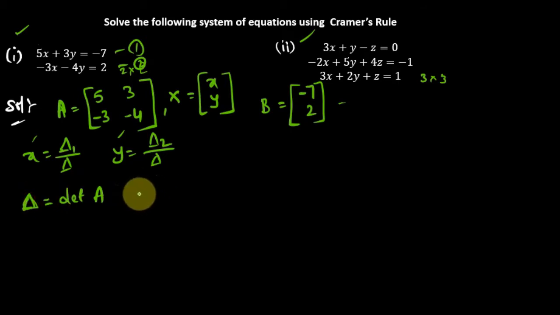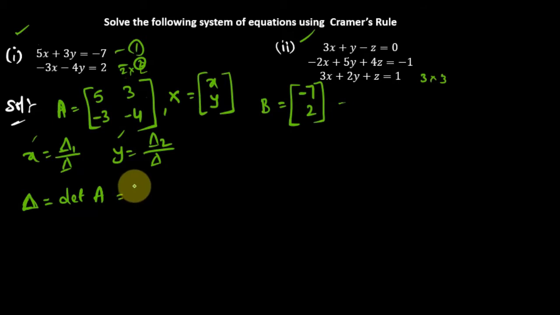So how do we find the determinant of A here? The A matrix we already know. As I explained in my previous video, to find the determinant of a 2 cross 2 matrix, simply multiply the diagonal elements and subtract the product of the other diagonal elements.